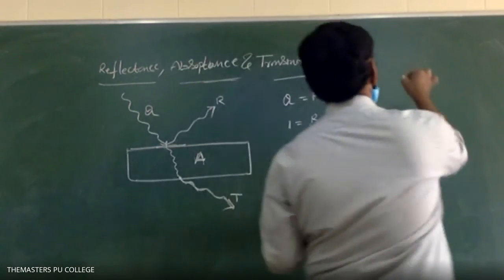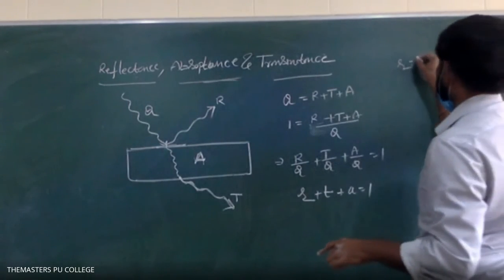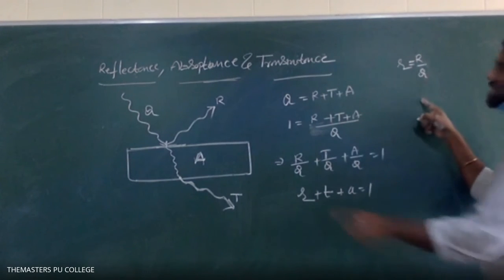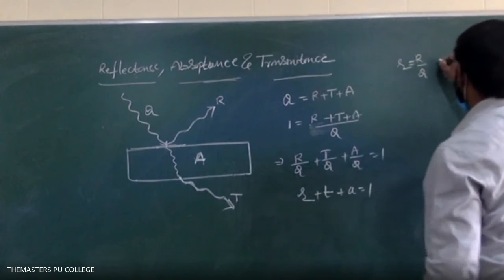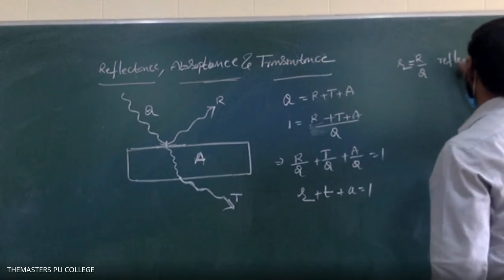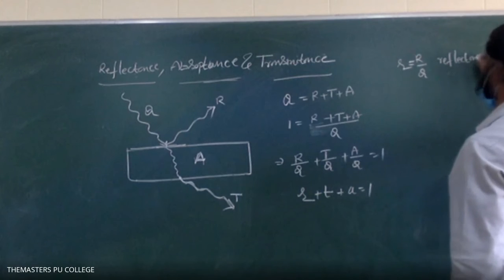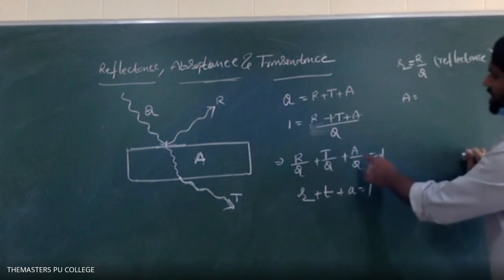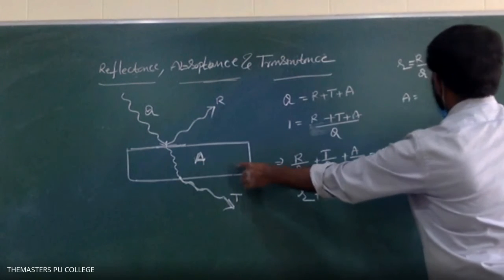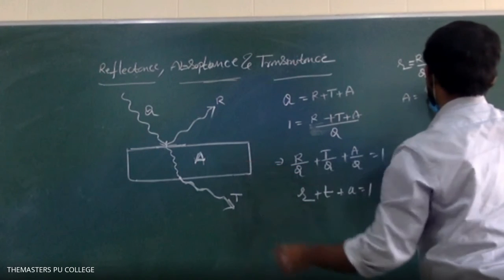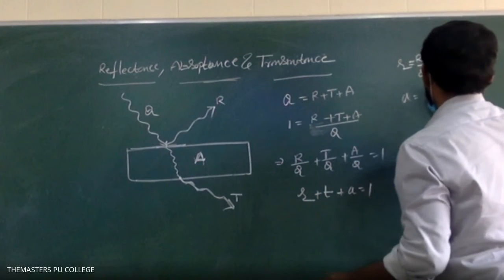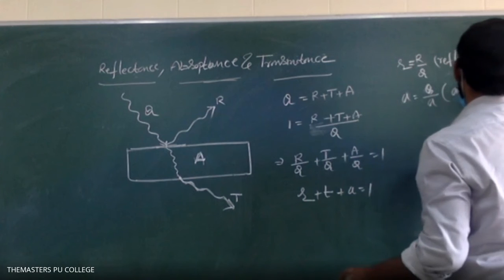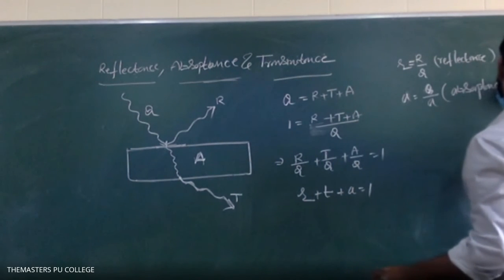Here R is equal to, we can write capital R by Q. This is the fraction of the energy reflected from this material. That's why this is known as reflectance. And here A is the fraction of the energy absorbed by this material. Then A is equal to, small a equals absorbed energy divided by Q. This is known as absorbance.